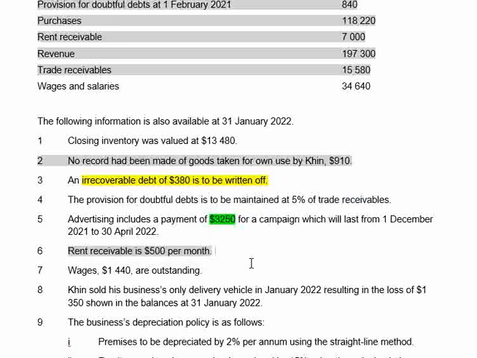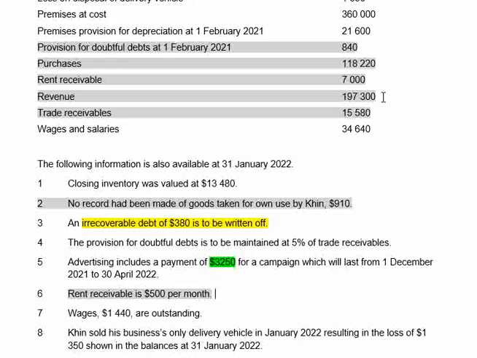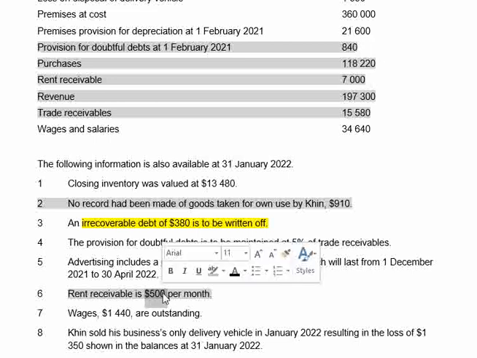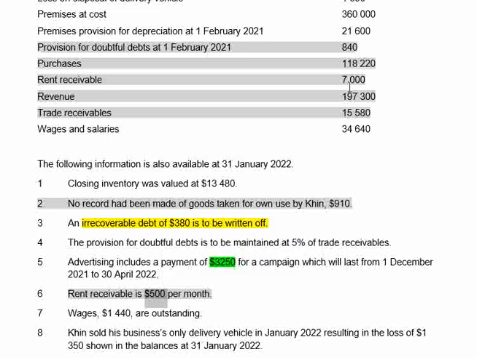You are making an income statement of 12 months. If we multiply 500 by 12, this will give you $6,000 of rent received. But in the question it is given as 7,000. So it means there is 1,000 of advance receipts of rent income.